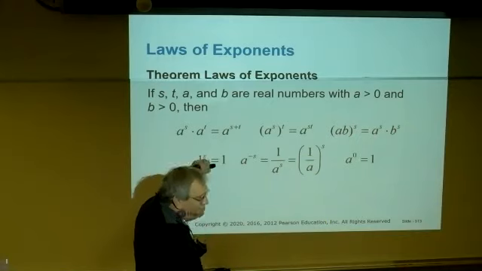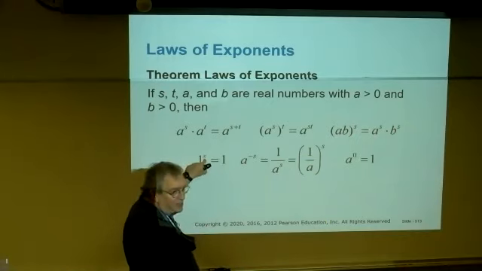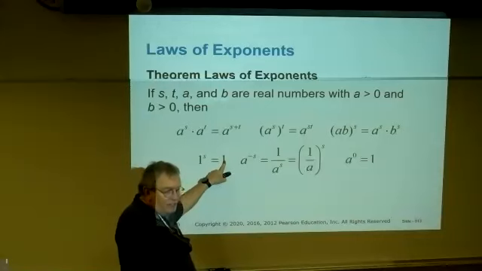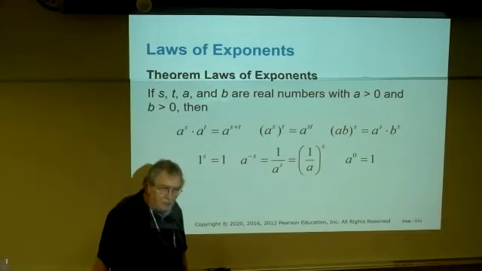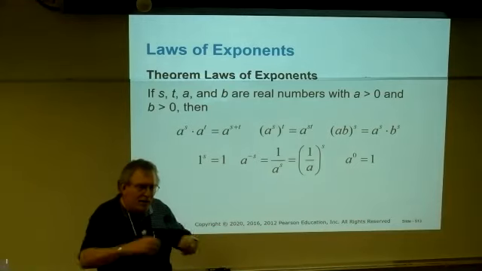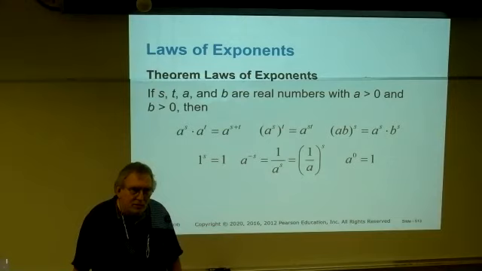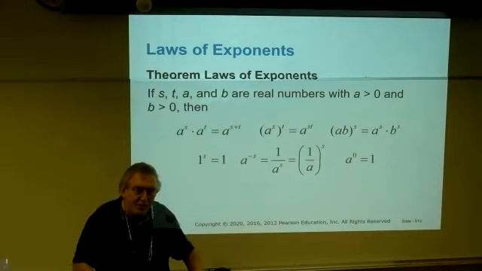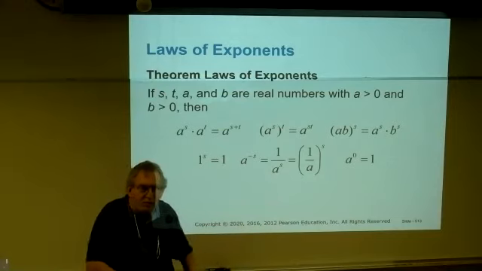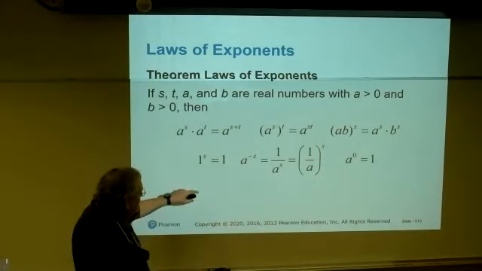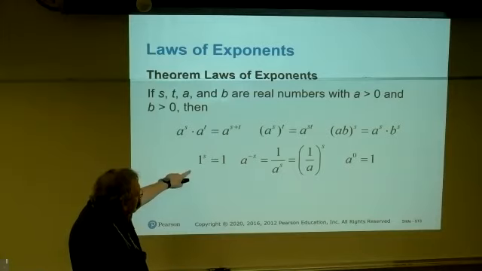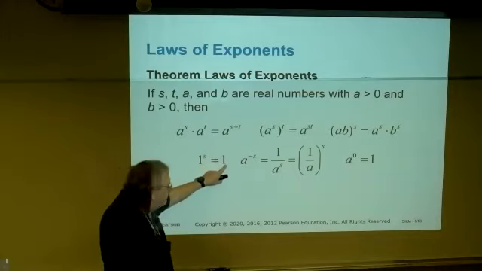1 to any power, including 0, is 1. 1 to the 293,000th power means you're multiplying that many ones together. Multiplying 1 times 1 times 1 is still going to be 1. So 1 to any power is 1.